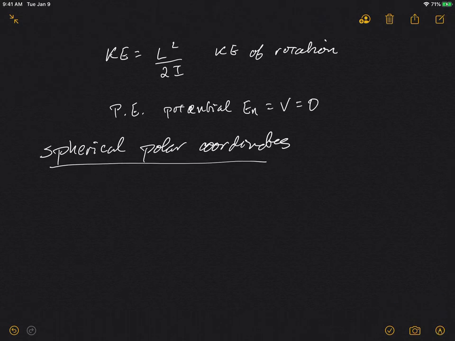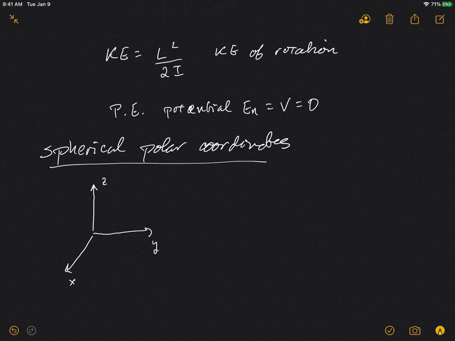So let's introduce spherical polar coordinates. We've got our three Cartesian coordinates, x, y, and z. And then we have some vector pointing out, hanging over the positive quadrant of the xy plane, just because that's a convenient place to have it to help us define our angles. And we have some distance r.